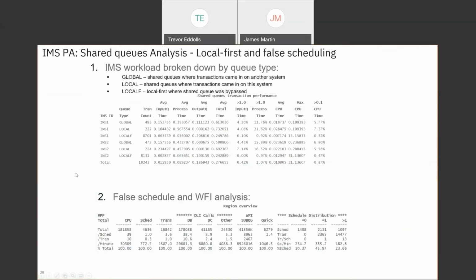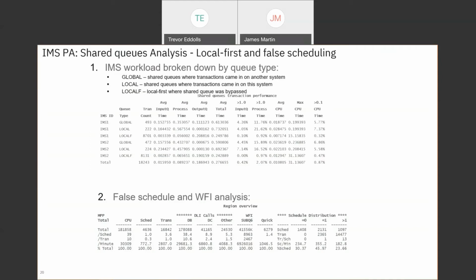If we wanted to break it down further, if we were in a shared queue environment, it's not as easy as just running the resource usage and availability reports that allow us to see buffer pool and message queue statistics. We want to see a better breakdown of how those queues are being used, because in a shared queue environment, we not only have local queues, but we also have local first queues where we actually bypass shared queues altogether.